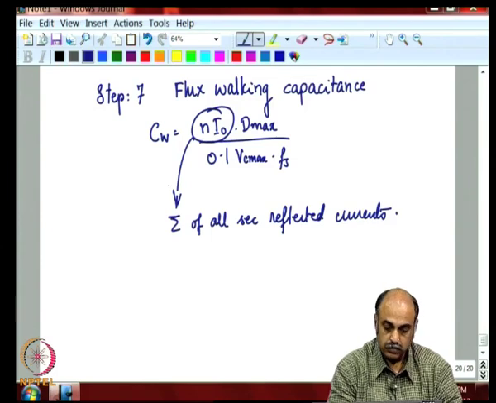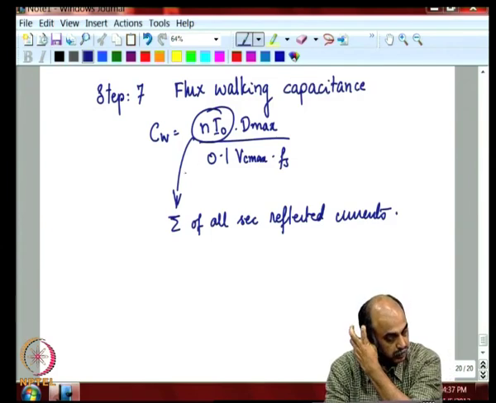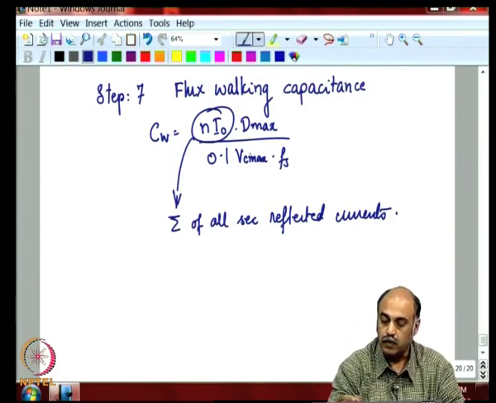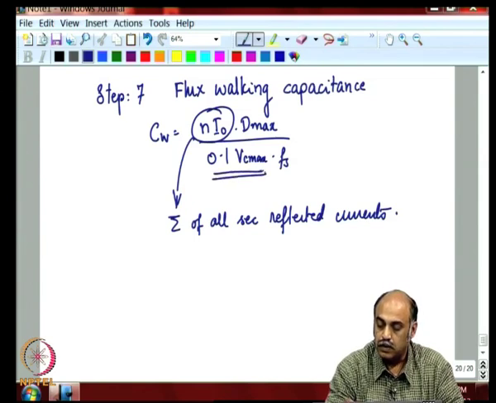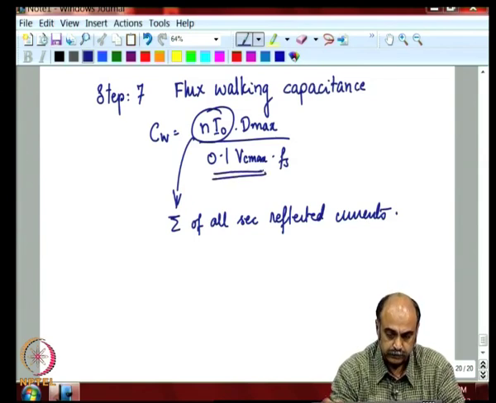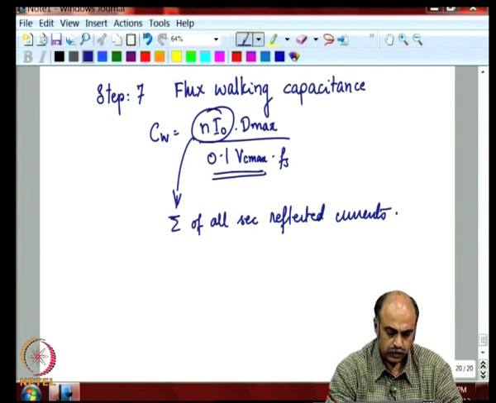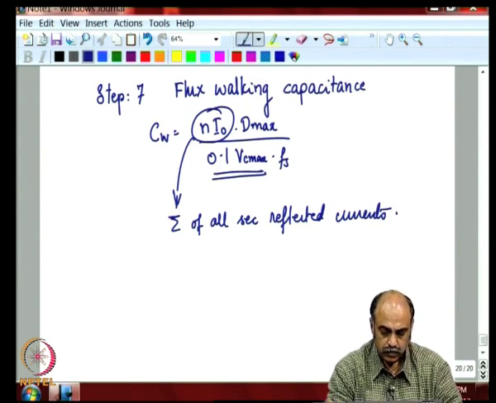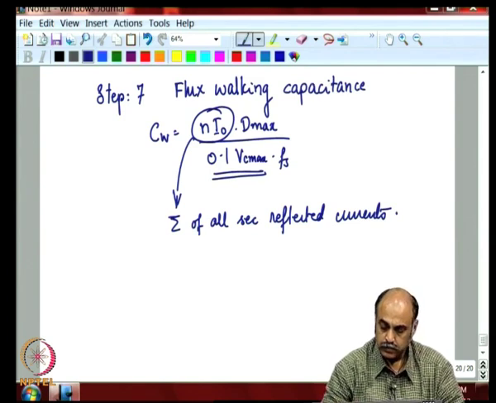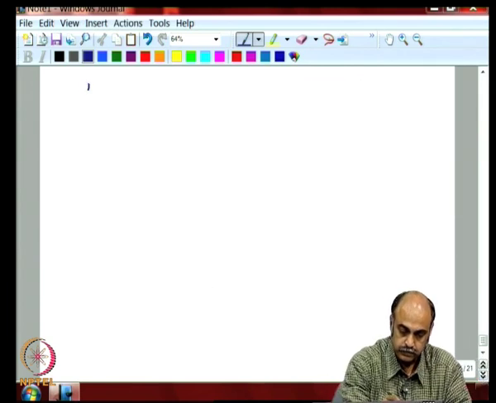And the voltage rating of the capacitance is also of this order, greater than that. And then you rate the diodes and the transistors.